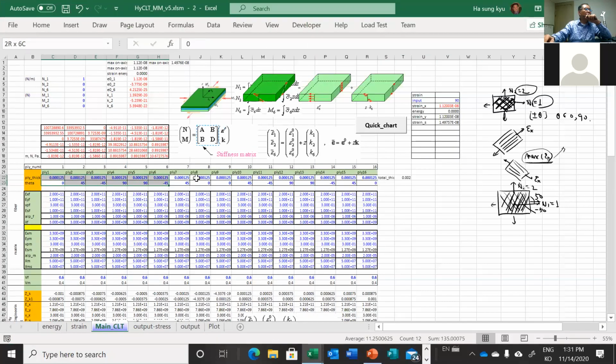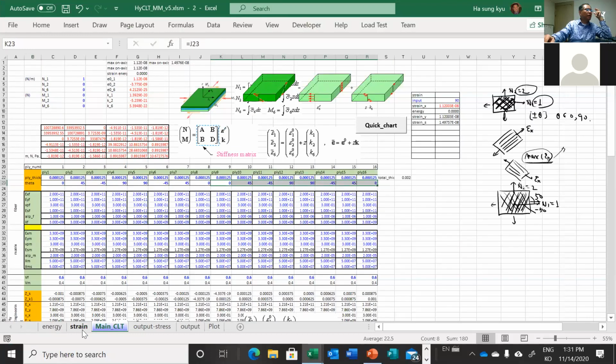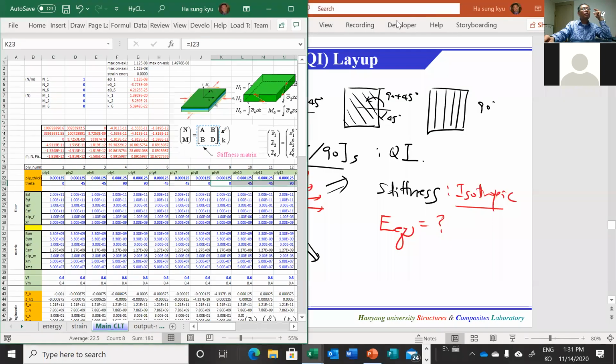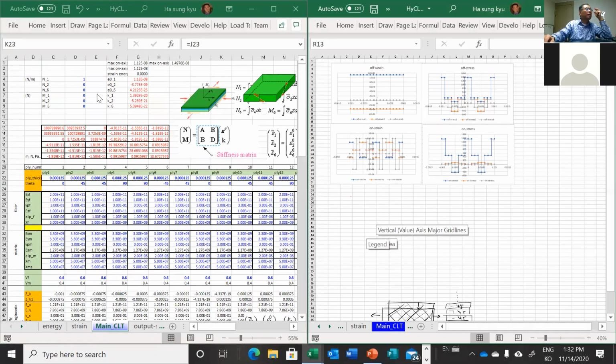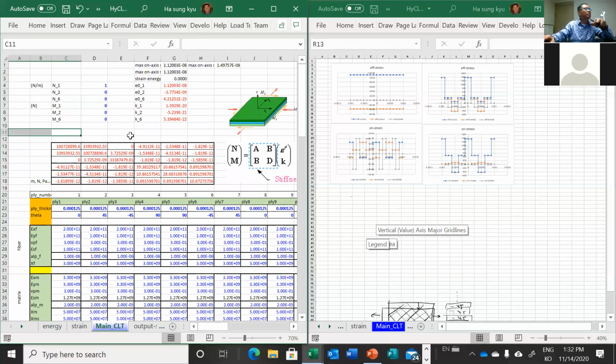So this is the quasi-isotropic. We can doubly repeat it, right? We doubly repeat it. Say we apply one direction. N1 is applied.